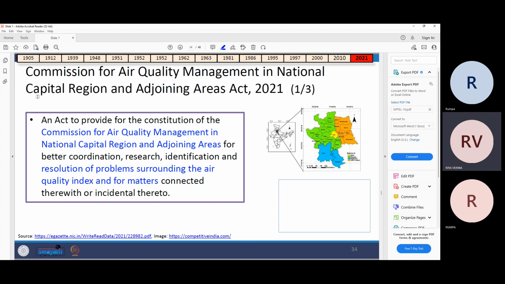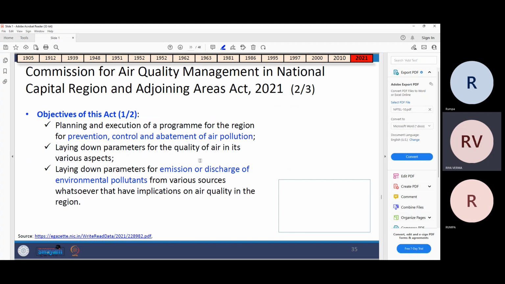Basically, this act was formulated in 2021 to deal with the increasing levels of pollution in the NCR region. We all are very much familiar with the increasing pollution in this Delhi NCR region and its nearby areas. So this act was there to ensure better coordination and better research, identification and resolution of problems in the area with respect to the air quality index values.